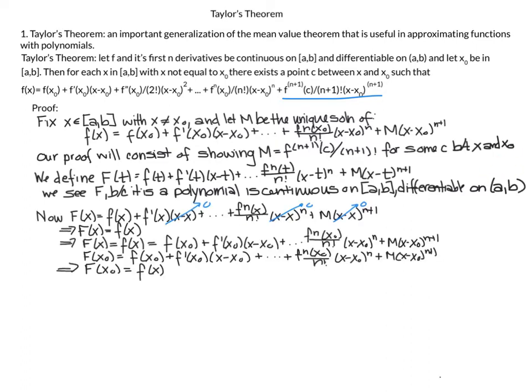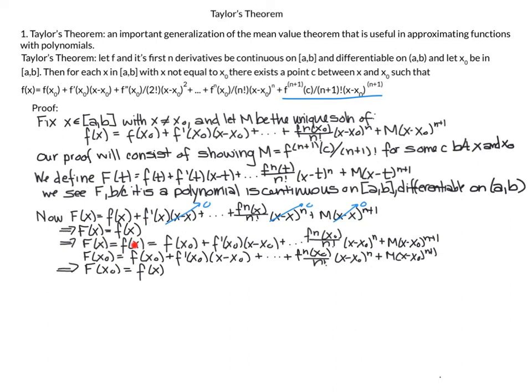Now when I plug in x for t into my capital F of t, my capital F of x is going to equal f of x, f prime of x times x minus x, so that goes to 0, and all these other terms go to 0, including this one here. So what I get is capital F of x is equal to lowercase f of x.